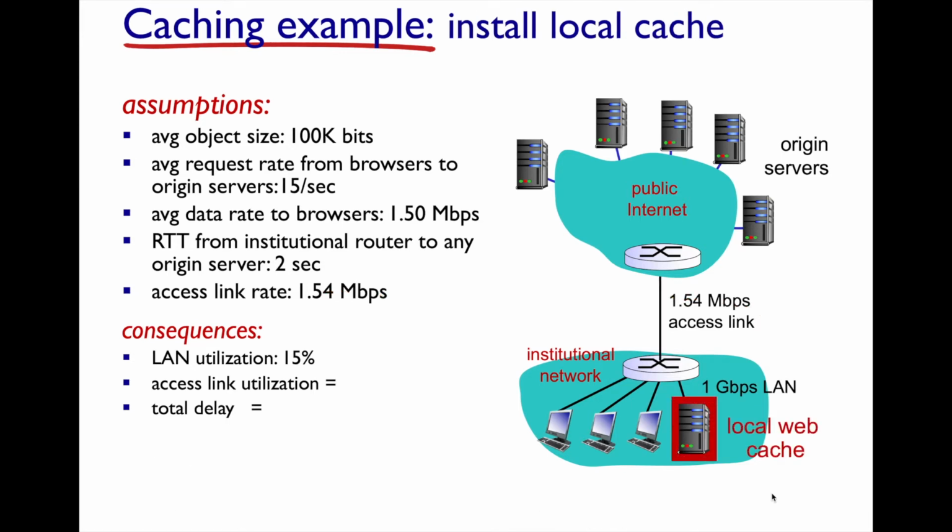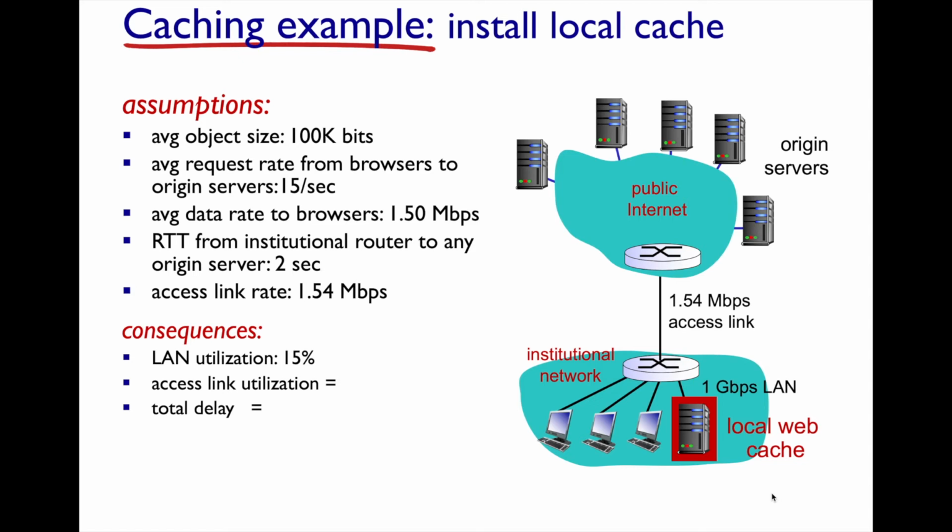All right, so let's look at the scenario where we have a local web cache. For this, we go back to the original scenario where we had an access link whose bandwidth was 1.54 megabit per second. So that hasn't changed. We're paying the cheaper price, as it were, for this slower access link. The internet delay has not changed.